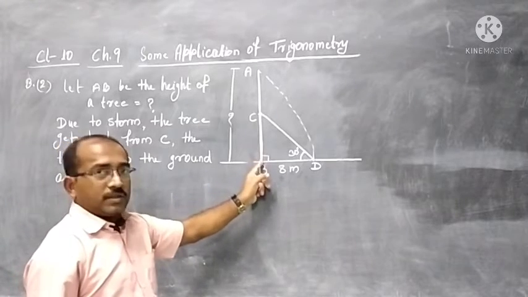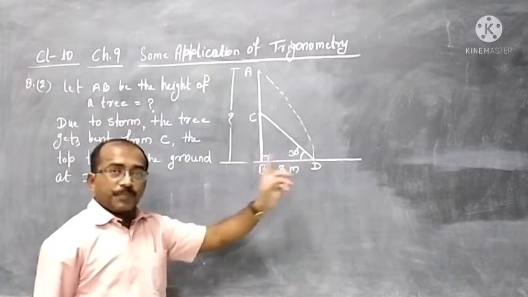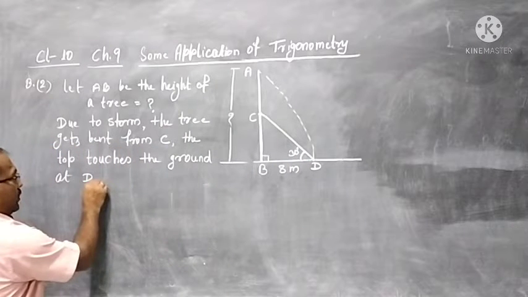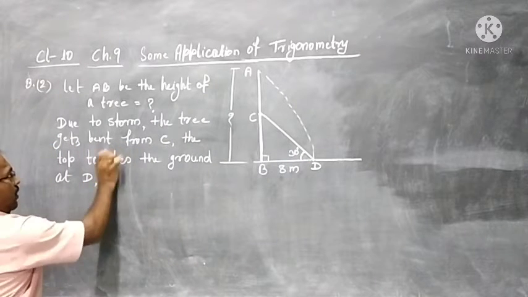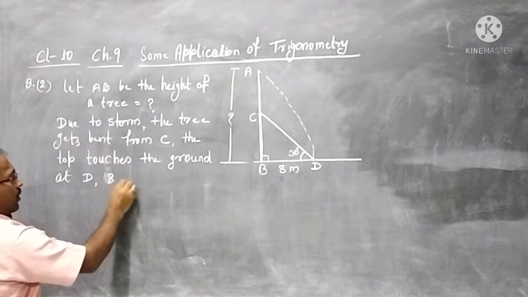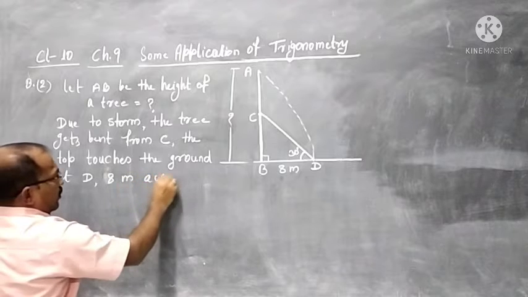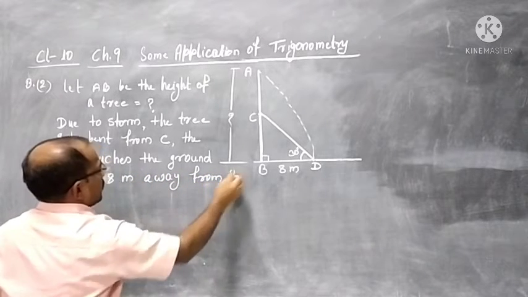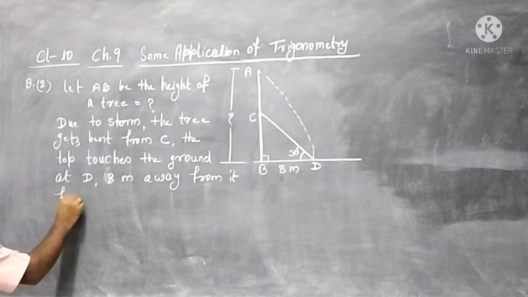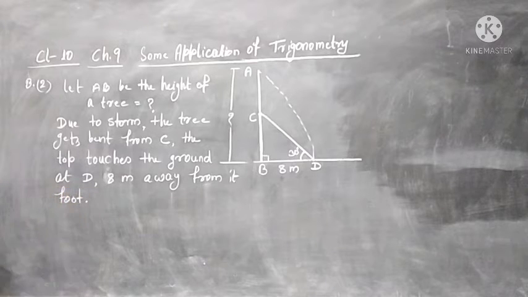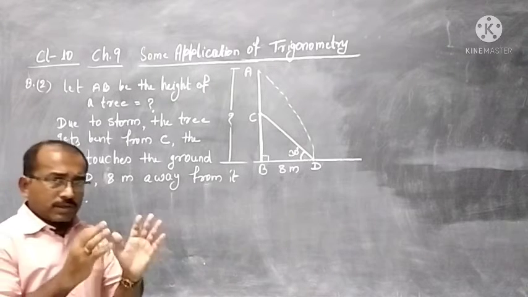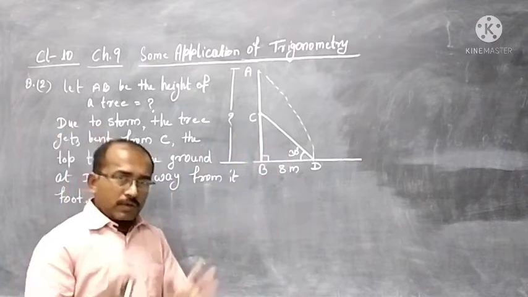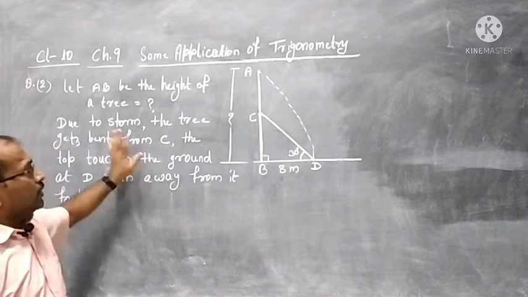Foot of the tree is this, it is 8 meter. From there, D is 8 meter away from the foot of the tree. So, everything we have mentioned, what was in the diagram, what the question was telling us.